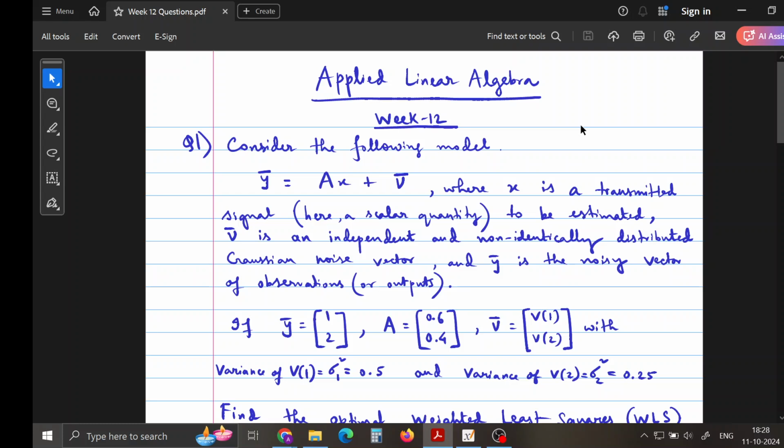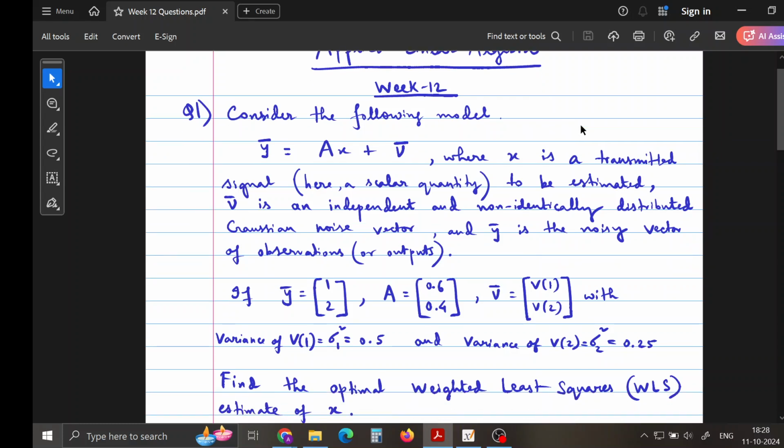These are random variables, and their variances are given to you. The variance of v of 1 is sigma 1 squared, which is 0.5, and the variance of v of 2 is sigma 2 squared equals 0.25. So this information is given to you.